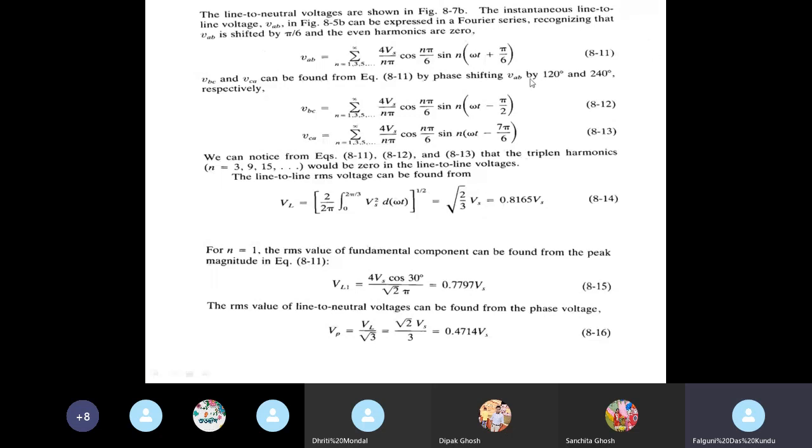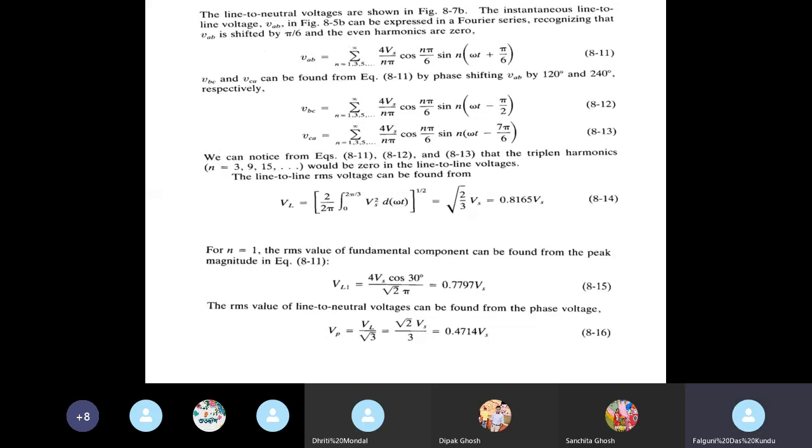So from these three equations we can notice that the triplen harmonics, that is 3, 9, 15, would be 0 in the line-to-line voltages. If we put n equals 3, 9, 15, then the line-to-line voltage goes to 0.